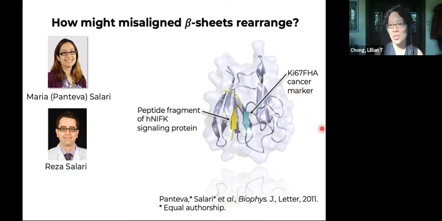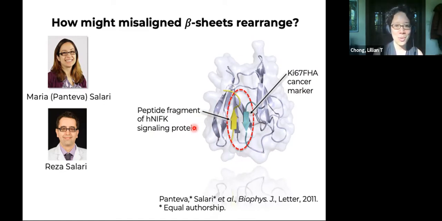This was a structure solved by Angela Gronenborn's lab at University of Pittsburgh. And we wanted to look at how, if the peptide fragment collides such that the beta sheet is misaligned, how does the beta sheet rearrange to the correct alignment? So how does nature correct for that mistake in collision?